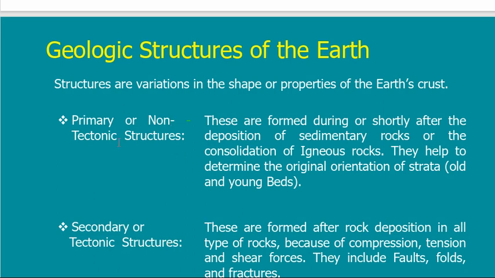But non-tectonic structures, these are the primary structures. They were formed at the beginning of the formation of the Earth. So they were formed a very, very long time ago, and they were affected by the forces that shaped the Earth.